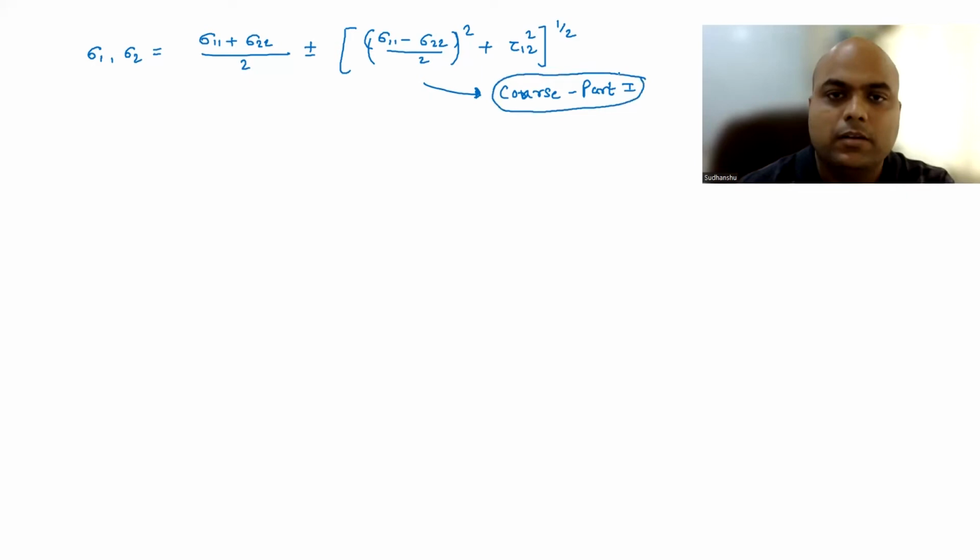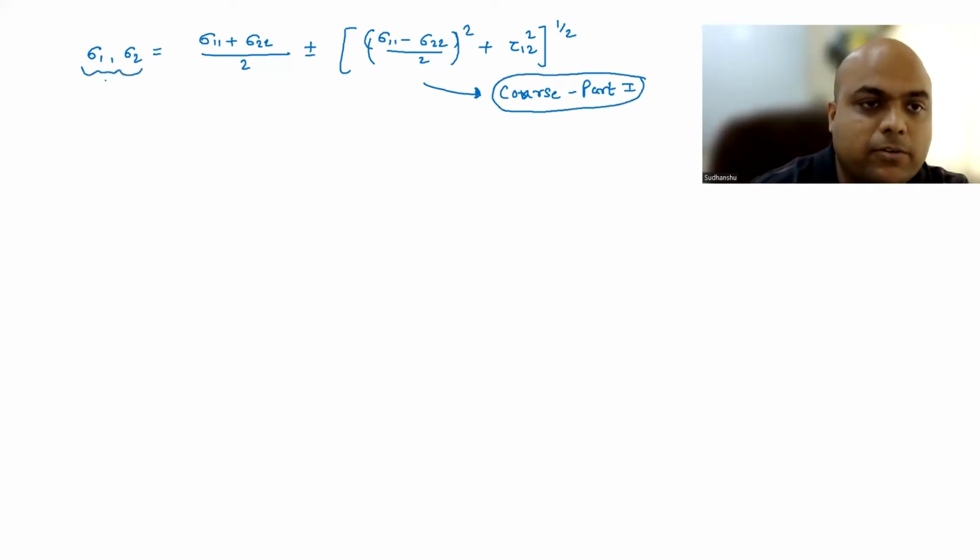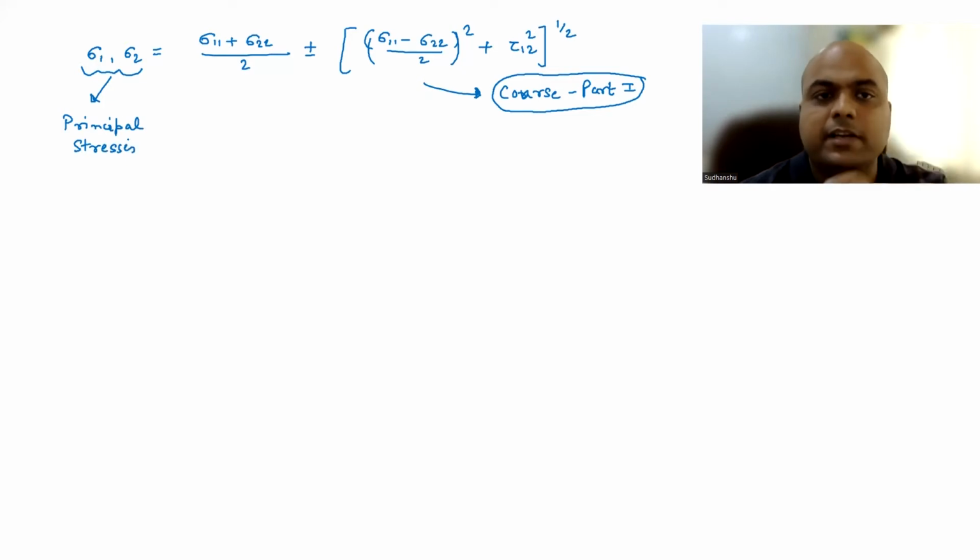So the principal stresses are sigma 1 and sigma 2. These are your principal stresses, and sigma 1 and sigma 2 are the stresses at that particular point.